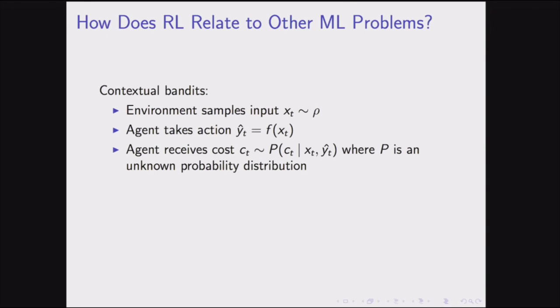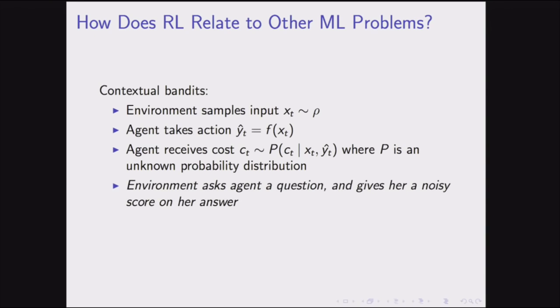The agent doesn't know what this probability distribution is, so that's what makes the problem hard. So the environment asks the agent a question, the agent answers, and the environment gives her a noisy score on the answer.